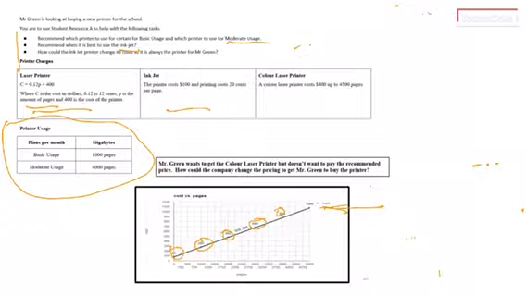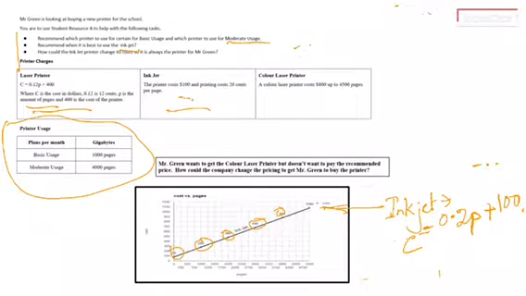Now that line starts at 100, so that is inkjet. And what I'll do, I'll write down the equation for that, which is 0.2p plus 100, which is the cost.